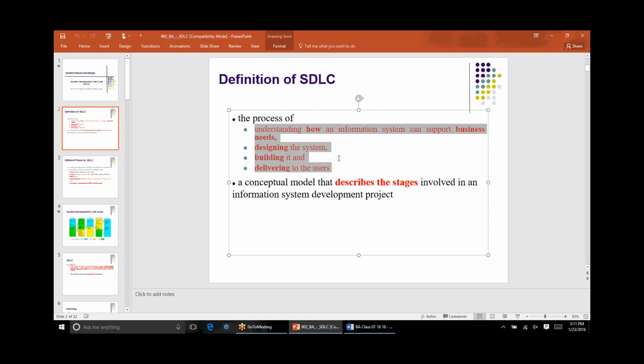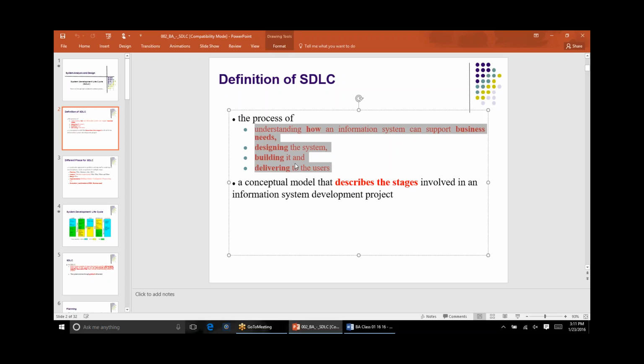Now what is designing? Designing means that if I have this business requirement, then for it, how many tables I need, how many programs we need, what kind of programs we need. That is designing. We build it, meaning we do the programming, and then we deliver that to the business users.